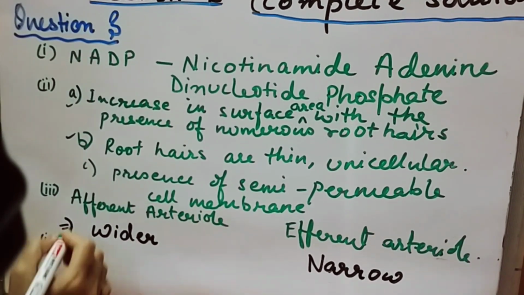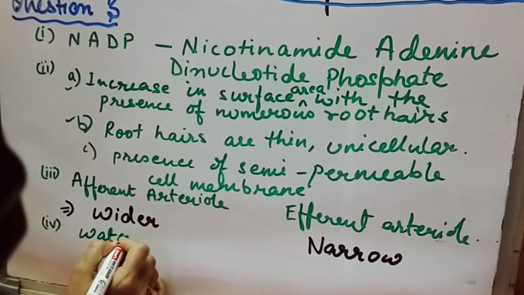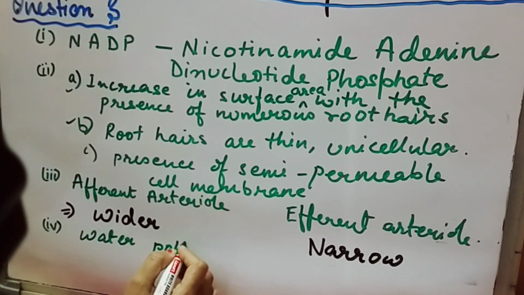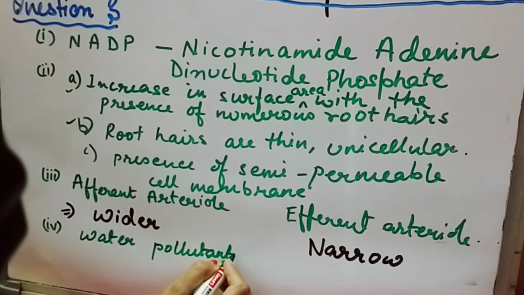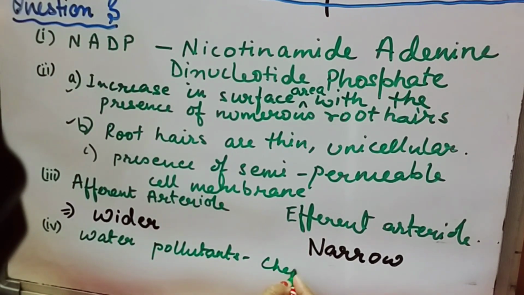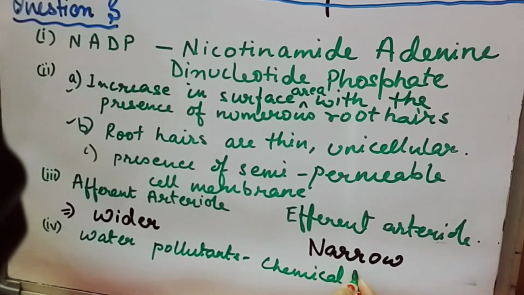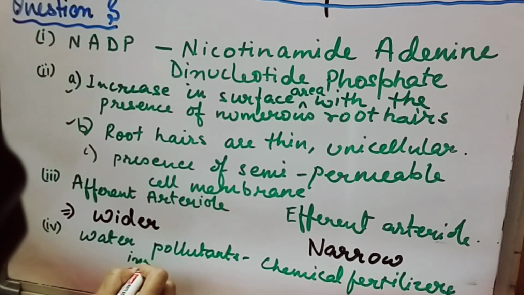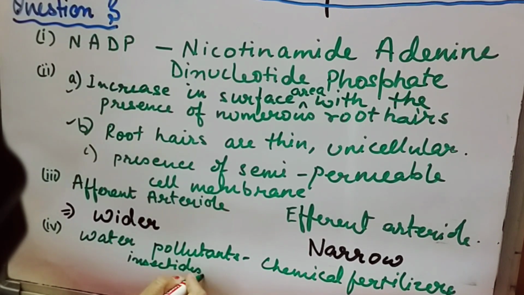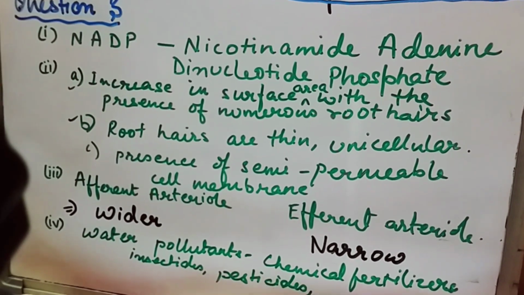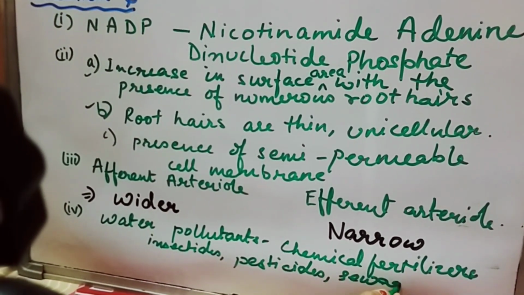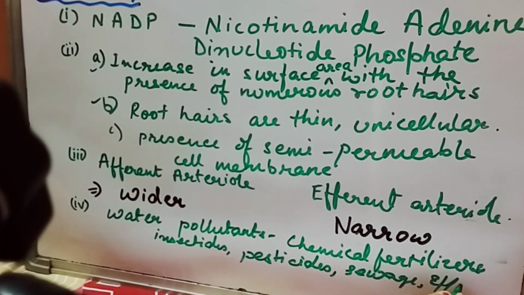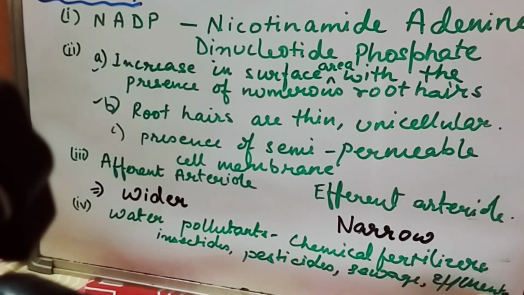Examples of water pollutant could be chemical fertilizers, insecticides, pesticides, sewage, industrial effluent, so many of them, so you can write any two of them.